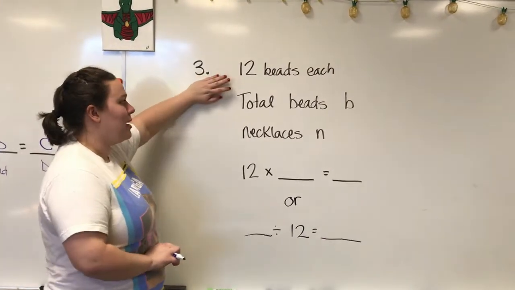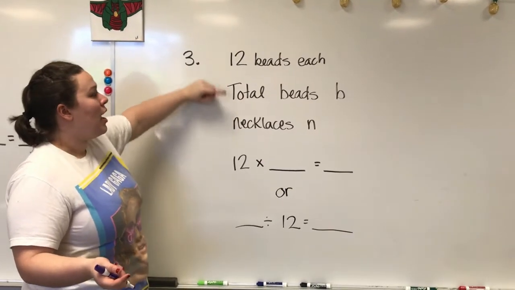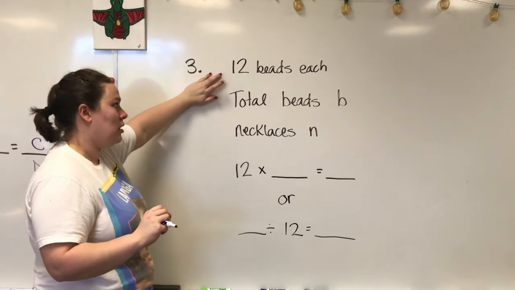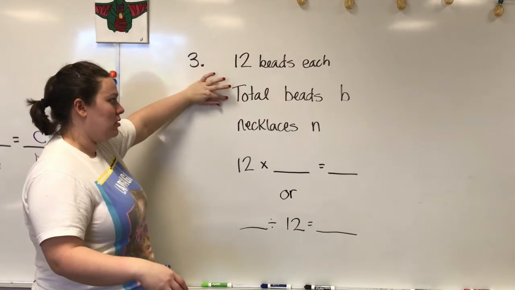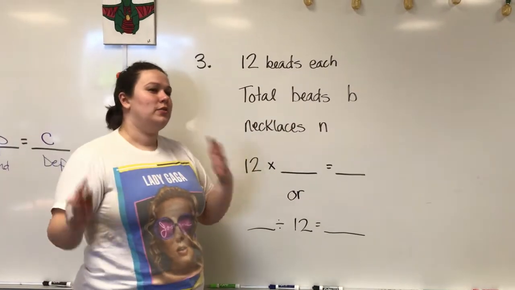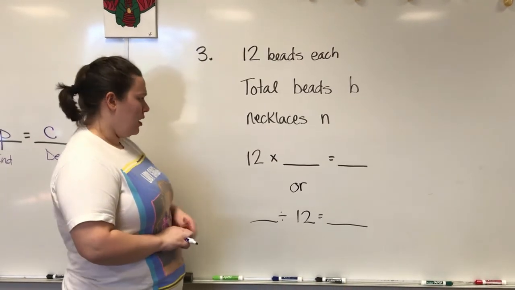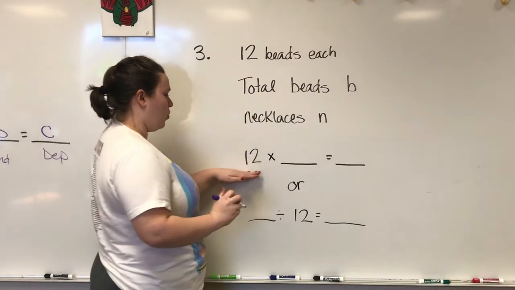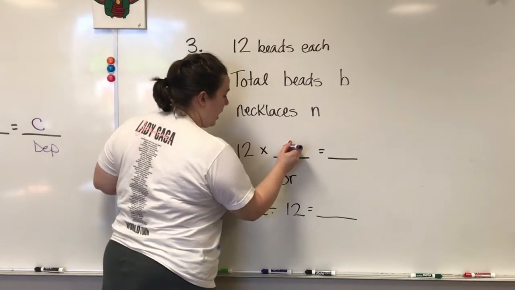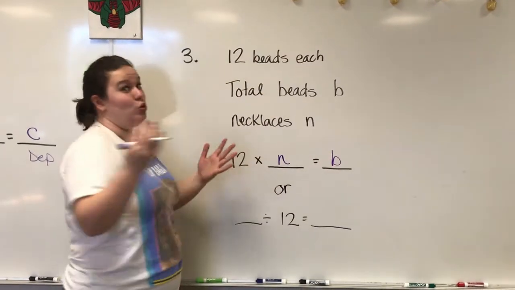It says that they're making necklaces, okay? N is for necklaces. And on every single necklace, there will be 12 beads. And the total number of beads is the letter B. So while I was writing this down, I was like, okay, we can say that there's 12 beads on every necklace, and that will tell us how many beads we used total.